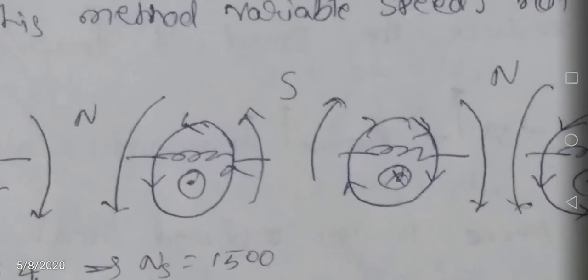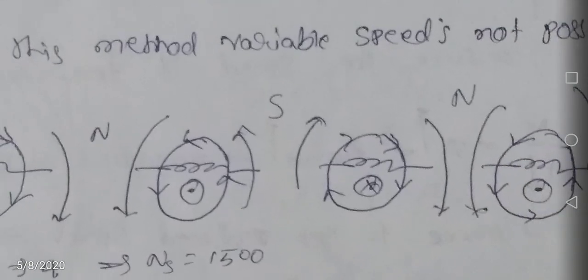Now observe between conductors 2 and 3, the fluxes are in the upward direction because of the second and third conductors. So the fluxes are going outside of the machine, so it can be said to be a south pole.